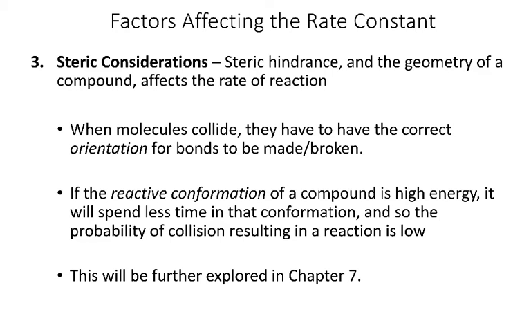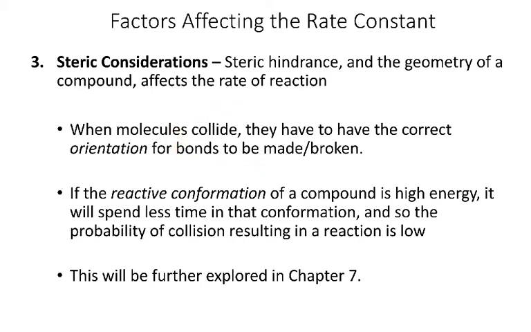All right, another factor that influences the rate of the reaction are steric considerations. And we talked about steric hindrance. We talked about the conformational analysis of alkanes, and then also when we talked about cyclohexane and whether one of the two chairs would be more stable depending on the 1,3 diaxial interactions. And when molecules collide, we're making and breaking bonds.